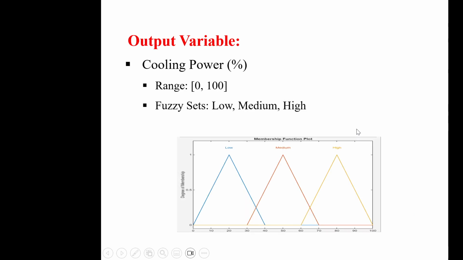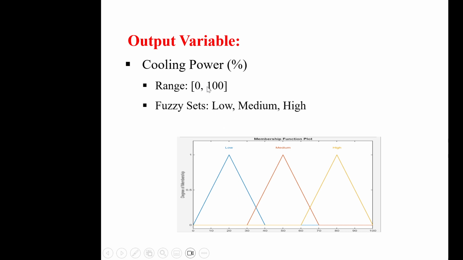Now, this is the output variable, and the name for the output variable is cooling power, and it ranges from 0% to 100%. And for me to be able to explain how we normally make use of a triangular shape as a membership function, I'm making use of a triangular shape here.